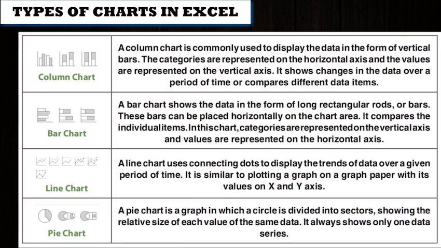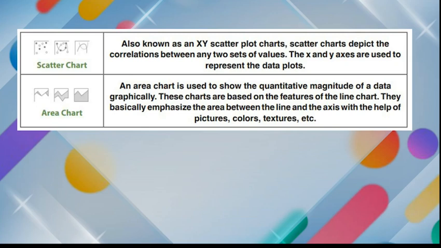Pie chart. A pie chart is a graph in which a circle is divided into sectors, showing the relative size of each value of the same data. It always shows only one data series. Also known as an XY scatter plot charts, scatter charts depict the correlations between any two sets of values.